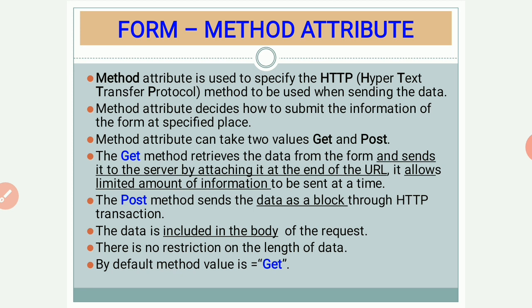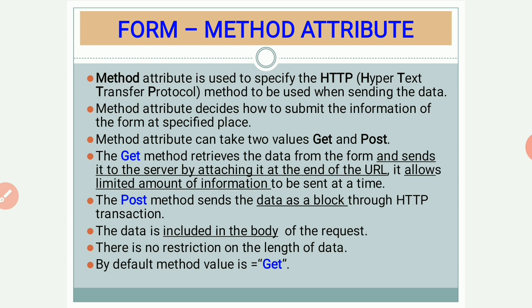The method attribute can take two values, get and post. The first value, that is the get method, retrieves the data from the form, that is collects the data from the form, and sends it to the server by attaching it at the end of the URL.